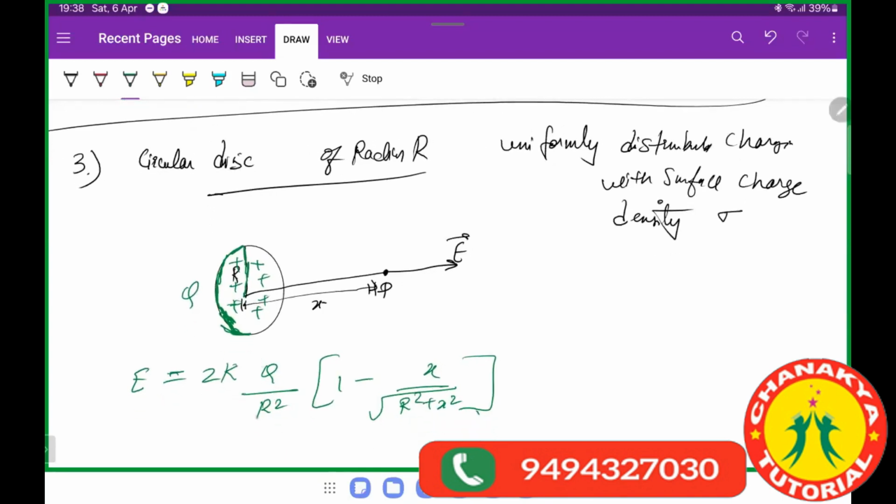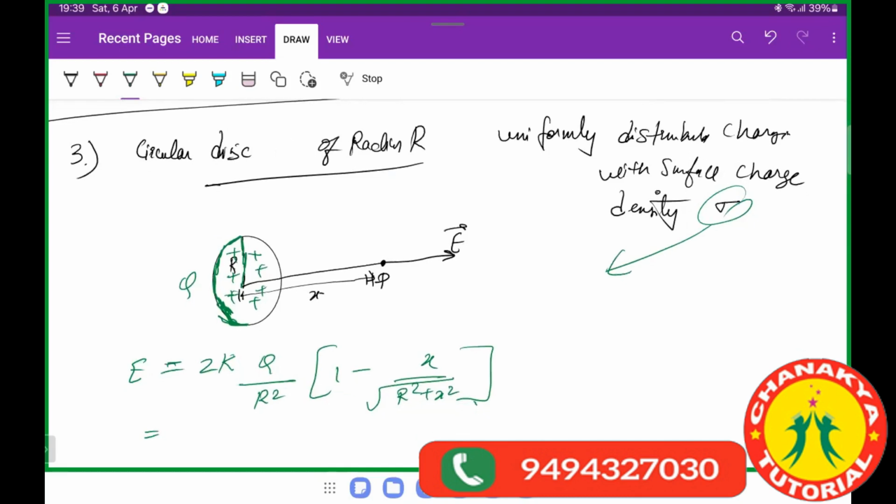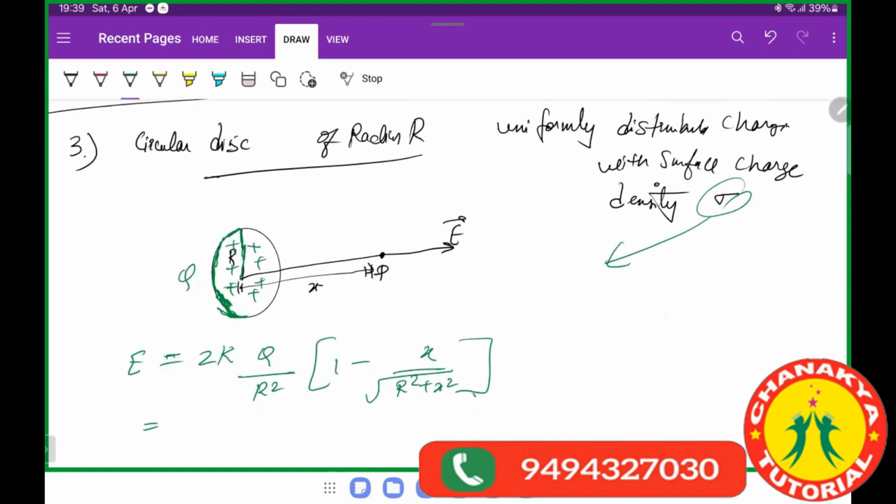So charge per unit area we can write here. Now K also we can write as 1 by 4 pi epsilon naught, and area is pi r square. So 1 by 4 pi epsilon naught, pi and r square will become area, so charge per area will give you sigma, and 4 and 2 will get cancelled.